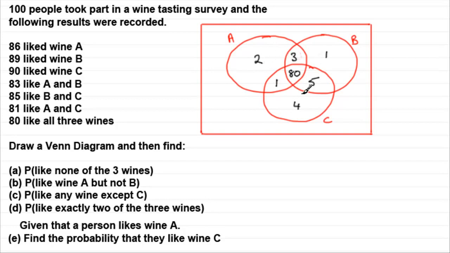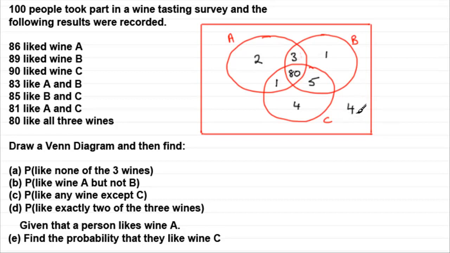Now I said that was finally, but it's not necessarily, because always check that if you were to add up all these numbers, does it come to 100? Well, maybe it does, maybe it doesn't. I'll leave it up to you just to add all of these individual regions up, but you should find that it comes to 96, and that means that we've got 4 more people left over, and those 4 people have to go on the outside here.